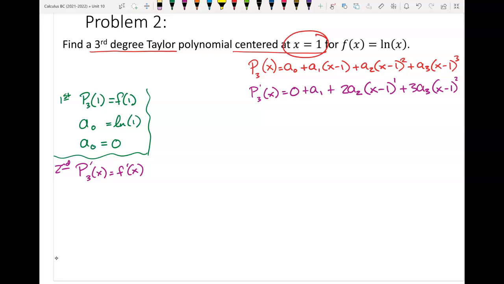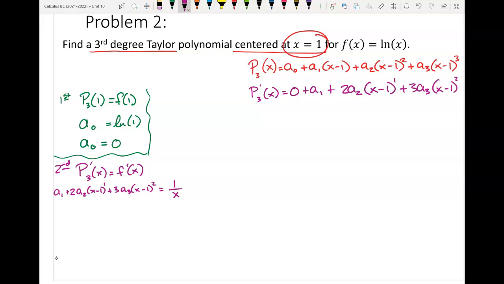So we'll go ahead and write that in. That's going to be a sub 1 plus 2a sub 2 times x minus 1 to the first plus 3a sub 3 times x minus 1 squared. And that's equal to the first derivative of the natural log, which is just 1 over x.